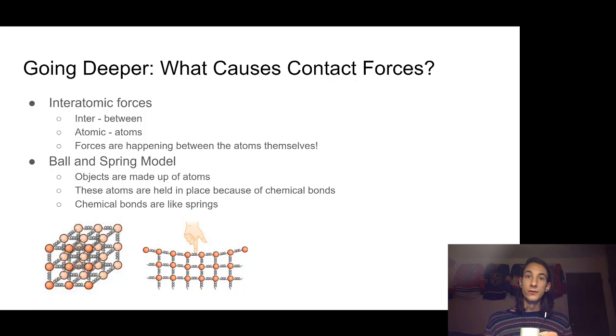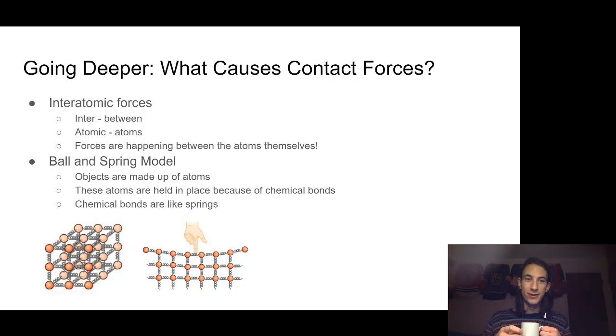If you're into roots and stem words, inter is between, and atomic is for atoms. So there are forces happening between the atoms themselves. There are lots of ways we can think about this. Yes, you have all these different models of atoms from chemistry, and you finally land on the quantum one or Rutherford or whatever.